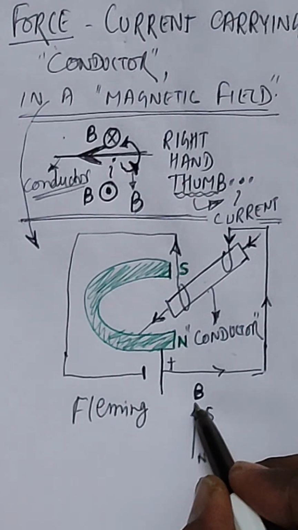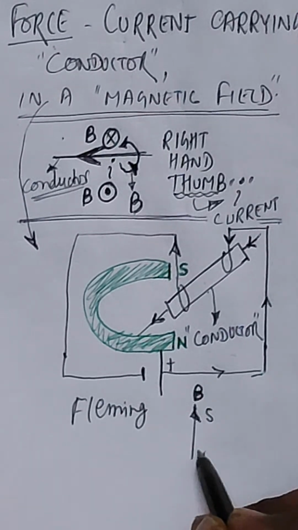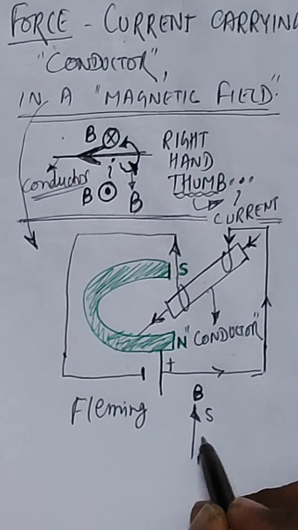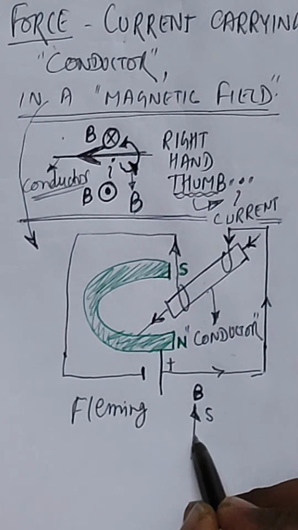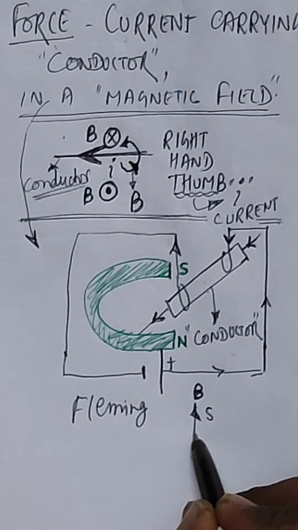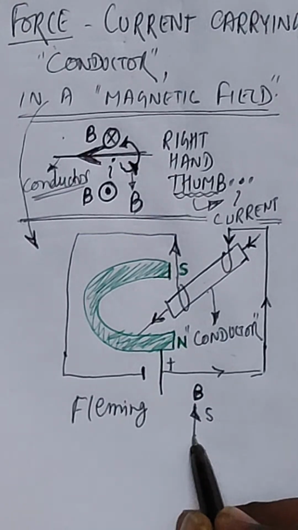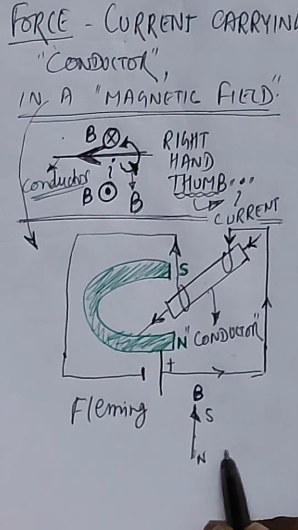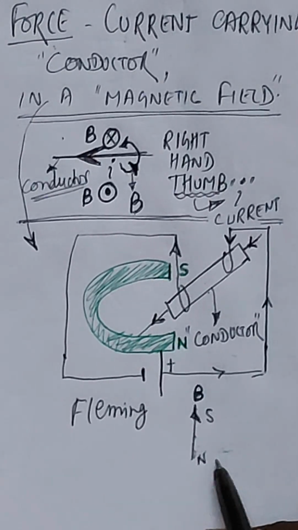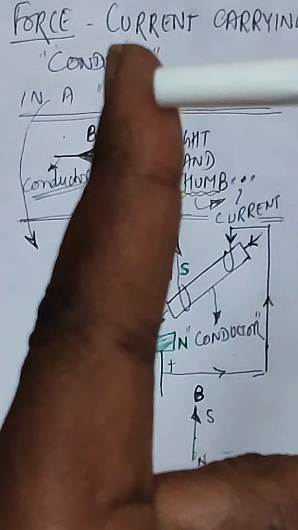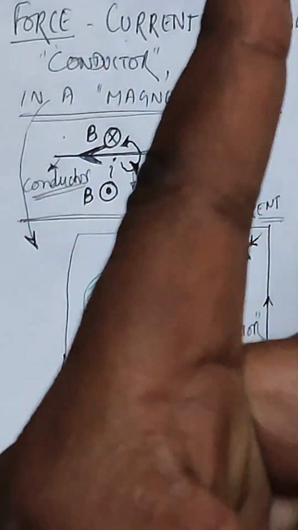The forefinger will give you the direction of the magnetic field, and the middle finger, which is perpendicular to that one, will give you the direction of current. All three fingers should be perpendicular to each other. See this, this is the forefinger, after the thumb, giving you the direction of the magnetic field.